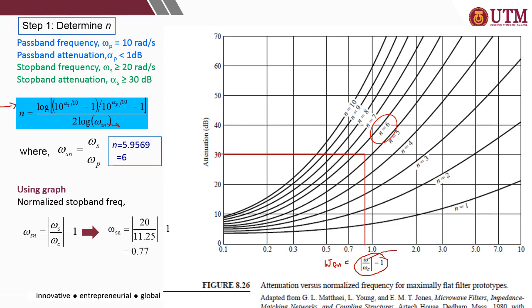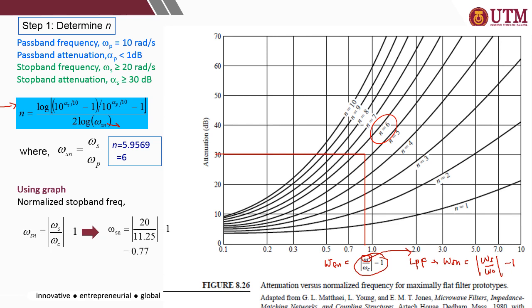For low pass filter, the omega Sn from the equation is omega S over omega P, or from the graph it is equal to omega S over omega C minus 1. So omega here represents the omega S, and this equation is only valid for low pass filter.